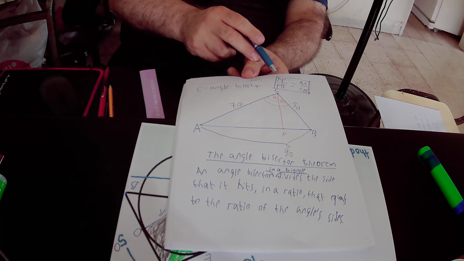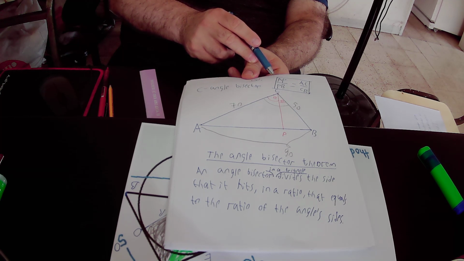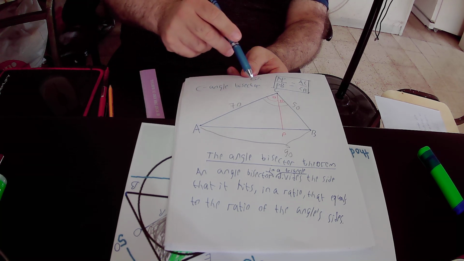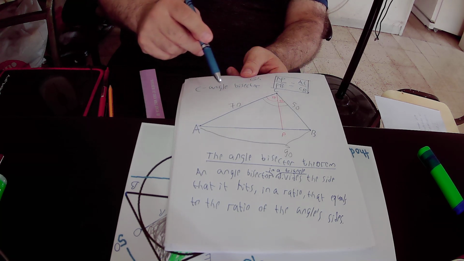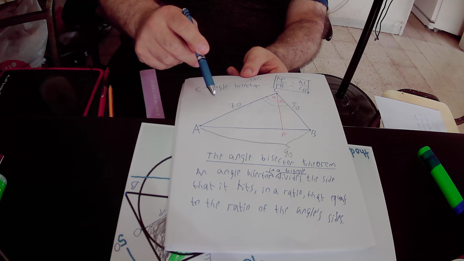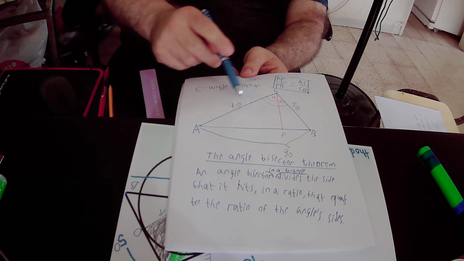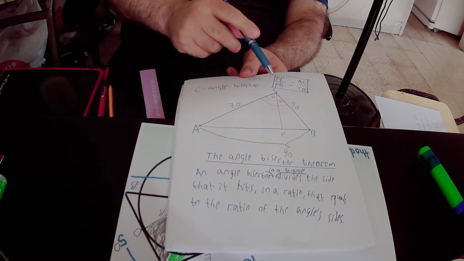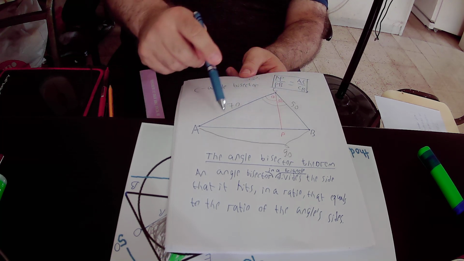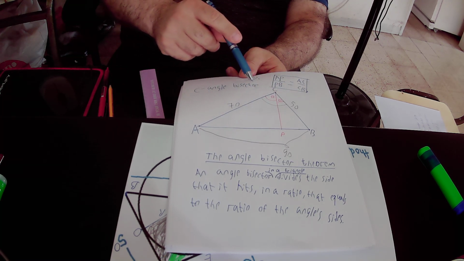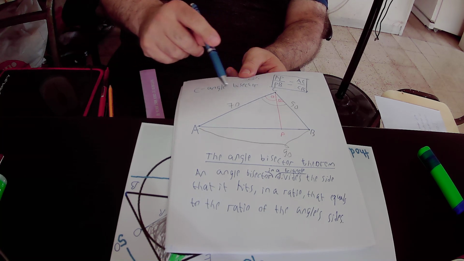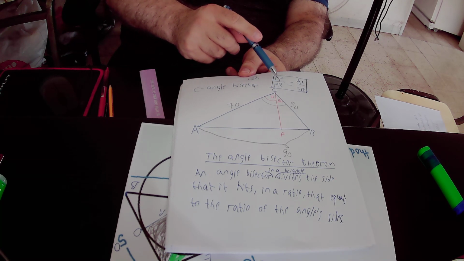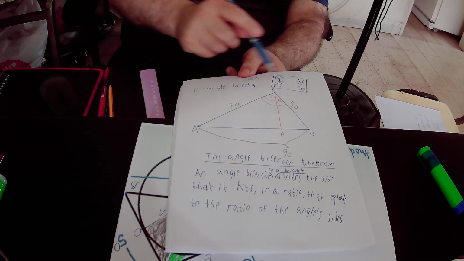So this ratio is equal to the ratio of the angle's sides. We relate to angle ACB, and the ratio between its sides is AC over CB. So AP over PB equals AC over CB.